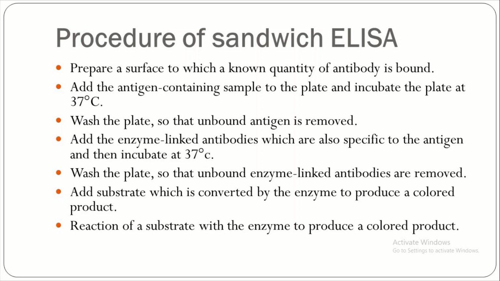Then again you incubate at 37 degrees Celsius. Then again you wash the plate, so the unbound enzyme-linked antibody is washed away. Then add the substrate, which is converted by the enzyme to produce a colored product. This reaction is quantified by means of spectrophotometry.